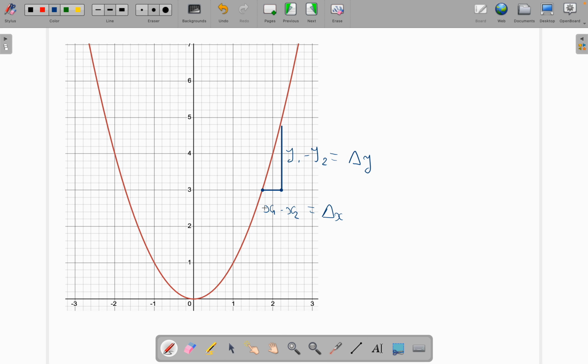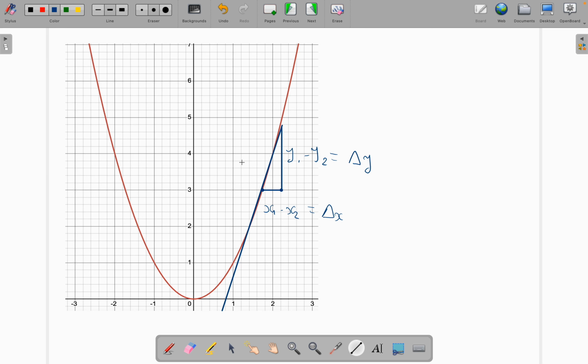So this is the change, but if you see, this is making a right angle triangle right here. Let me draw that triangle from here to here. This line will intercept here and make some angle here as well.